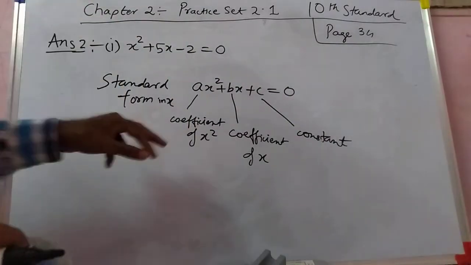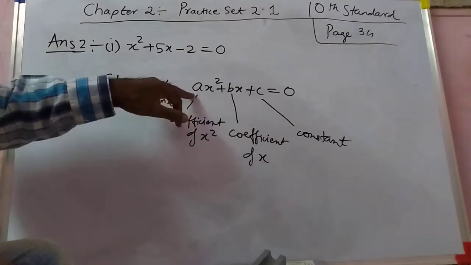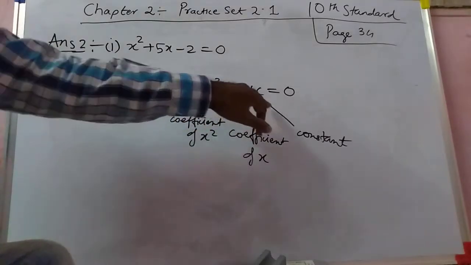Now this is the coefficient of x square, this is the coefficient of x, this is the constant term.